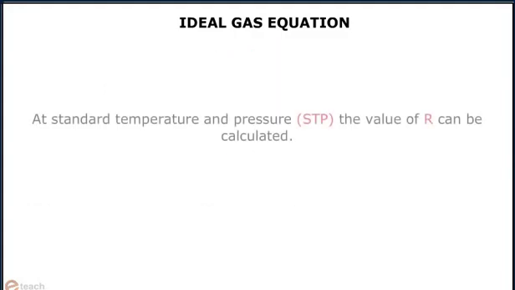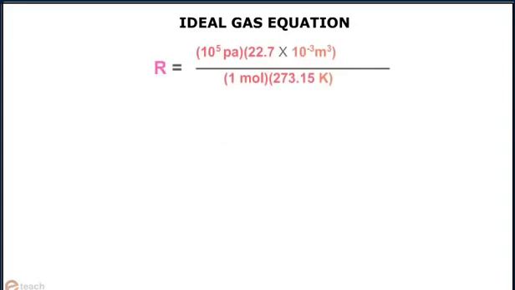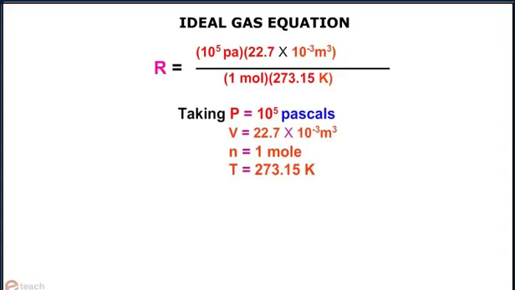At standard temperature and pressure, STP, the value of R can be calculated. R equals 10 raised to the power 5 pascals into 22.71 into 10 raised to the power minus 3 meter cube divided by 1 mole divided by 273.15 Kelvin.